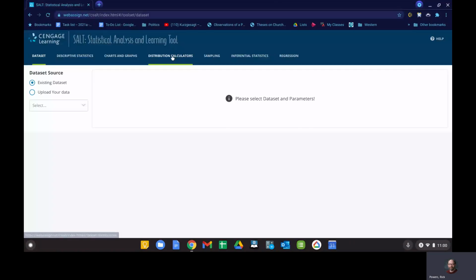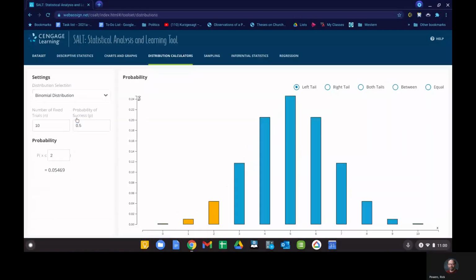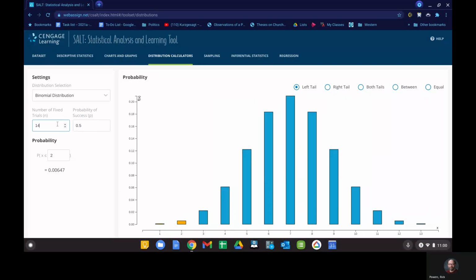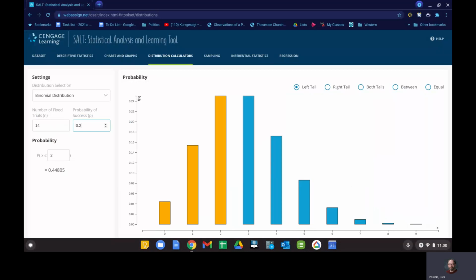So we pick distribution calculator, and then we go over here and we choose the binomial distribution. And then we fill in the correct numbers. The number of fixed trials we said was 14. And the probability of success we said was 0.20.